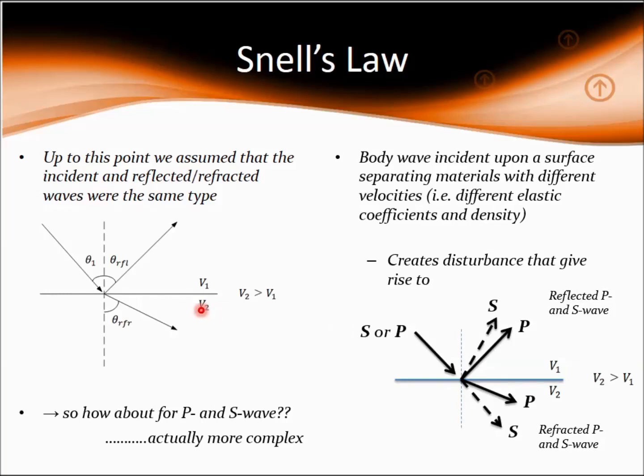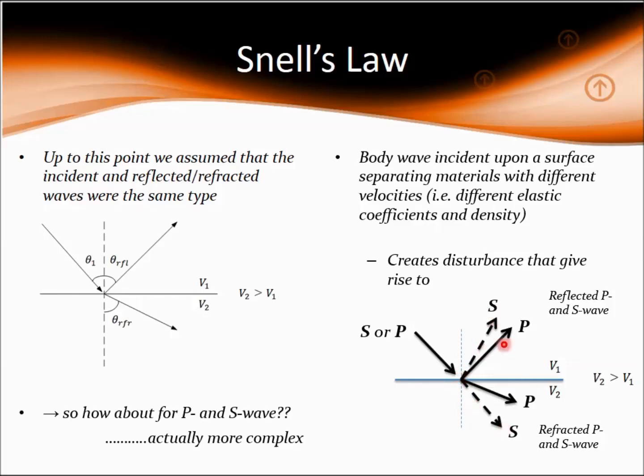This will be a bit complicated, but I'm going to make sure that you understand this before we move to the next slides. Look at this illustration. Whatever wave, either S wave or P wave, that strikes any difference in velocity medium will create disturbance.